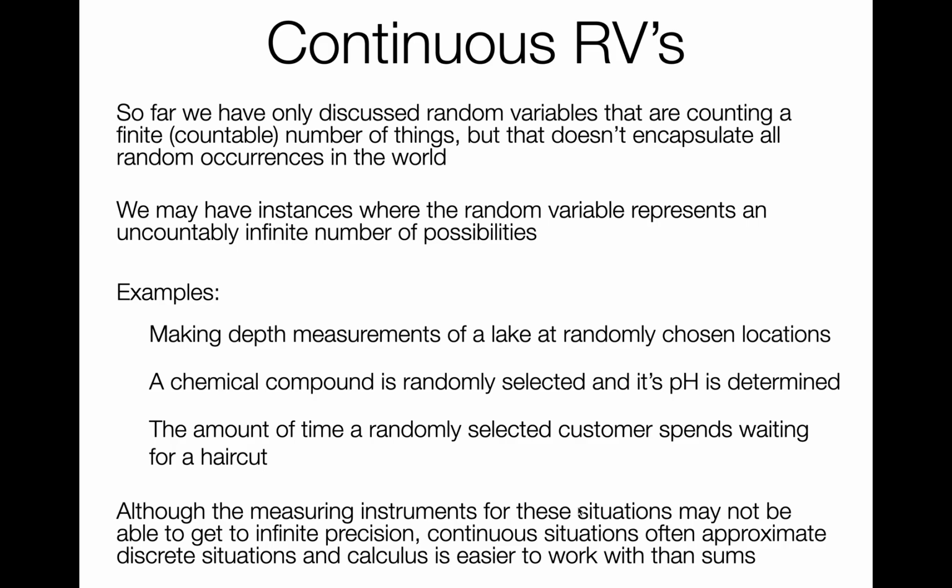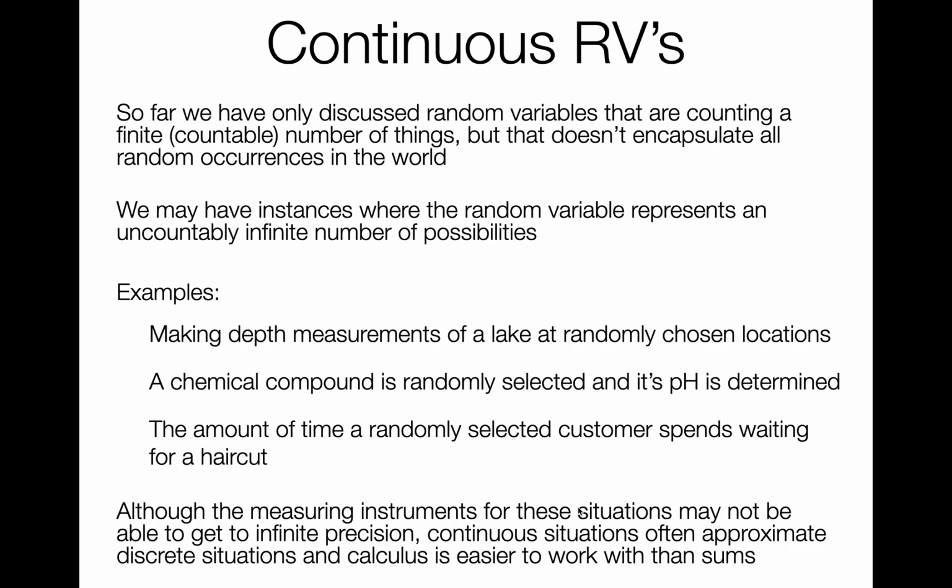We're not really counting things, but we're making a depth measurement. And so you may say, well, if I'm measuring it in meters, I'm probably only at 1 meter, 2 meters. At most, I'll go down to maybe 2 decimal places, but that's still not uncountably infinite. I could still just count all the different decimals if I only go to 2 decimal places.